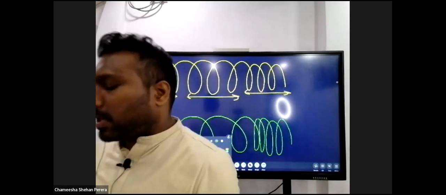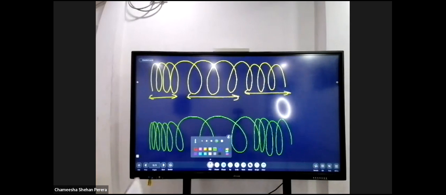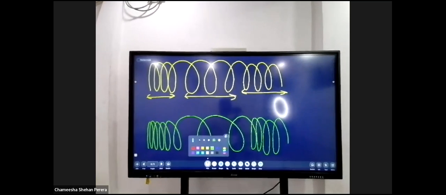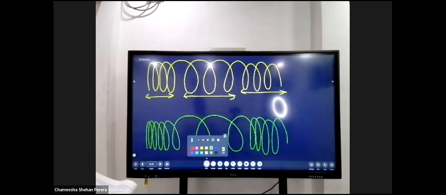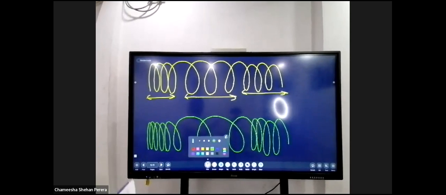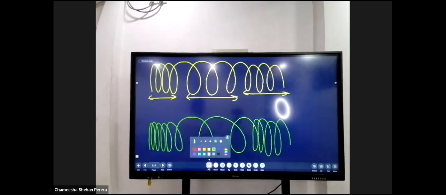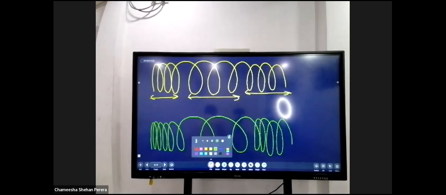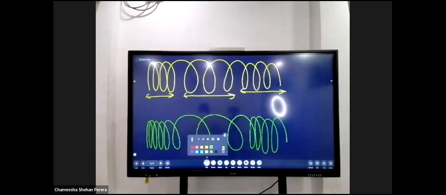Okay. Then the next one, wavelength. Still about longitudinal waves, wavelength. Write the definition. This is how to obtain the wavelength of a longitudinal wave.